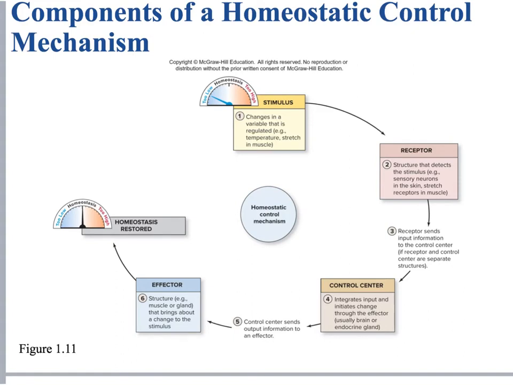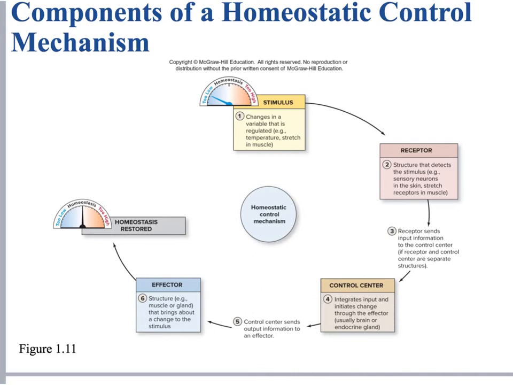So we have a stimulus too low or too high. The receptor recognizes the stimulus, responds. The receptor could be stretch proprioceptors, could be skin receptors sensing temperature, you name it. Sends that signal to the control center.